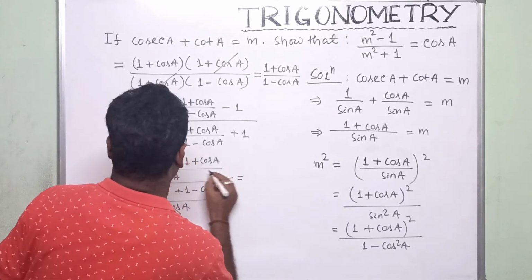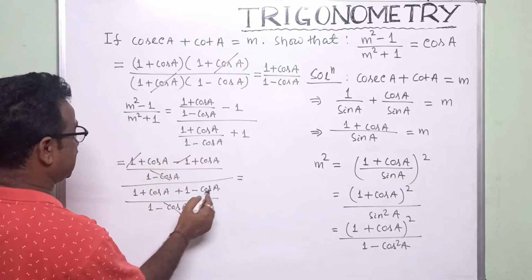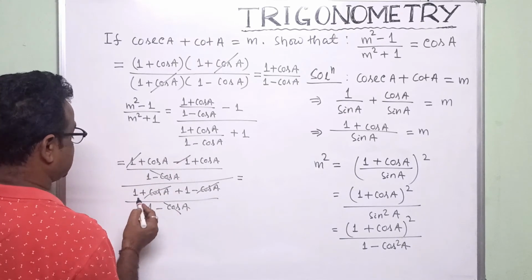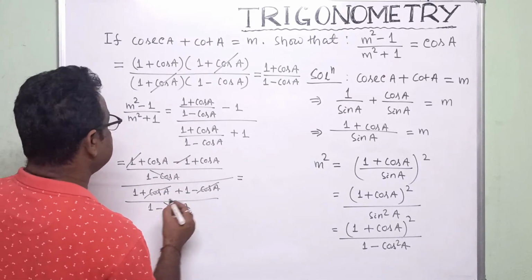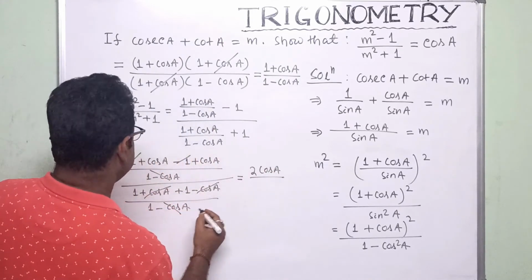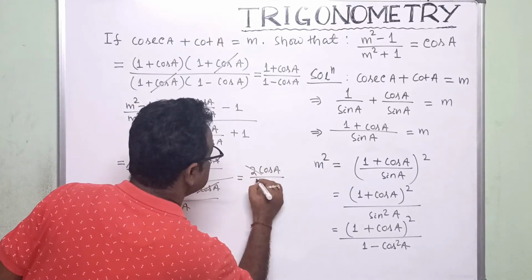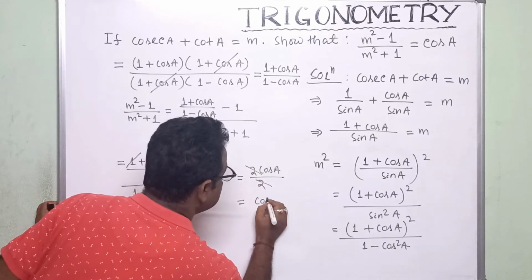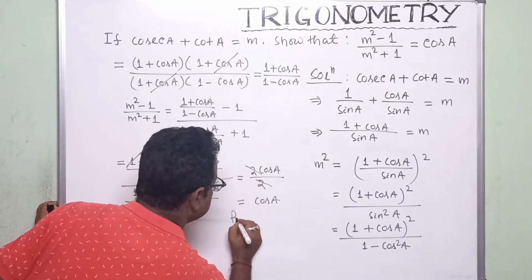That is equal to your minus 1 plus 1 cancelled. So this is cancelled. Now 2 cos A by 2. So 2 cancelled. That is equal to your cos A. Proved.